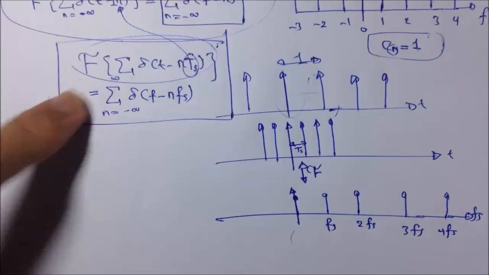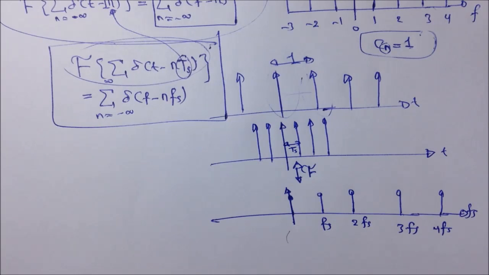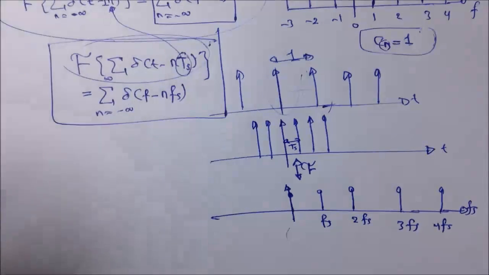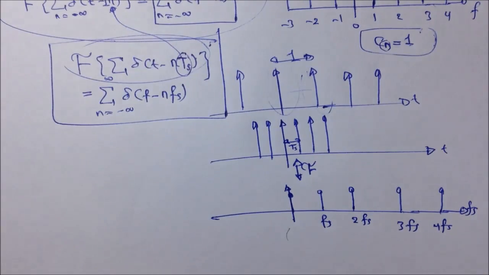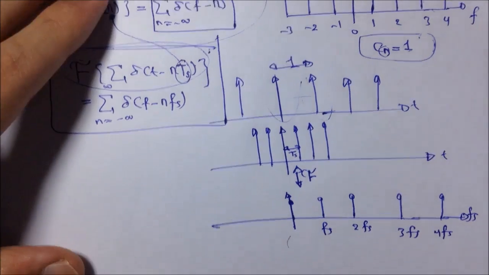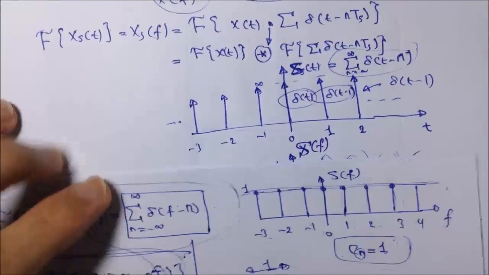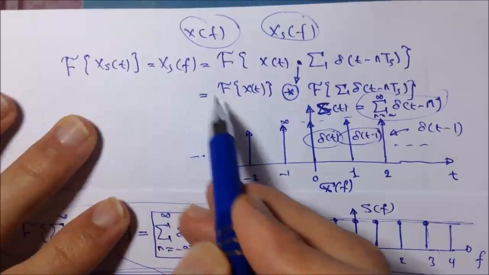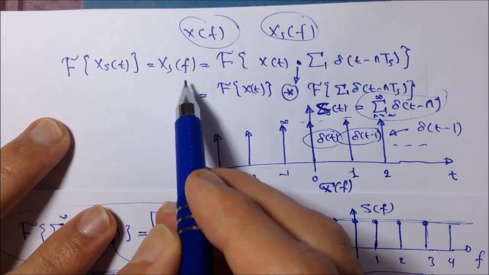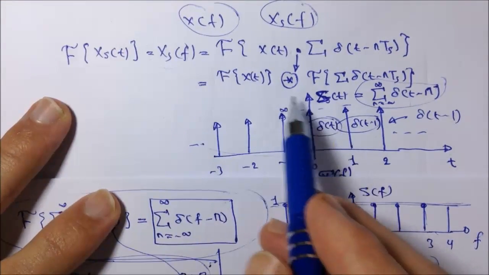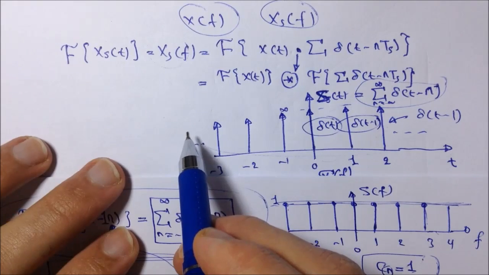But remember, this can be proven directly by the homework, the analytical derivation of this. So back to our original derivation, we are trying to evaluate the relation between Xs of f and X of f.